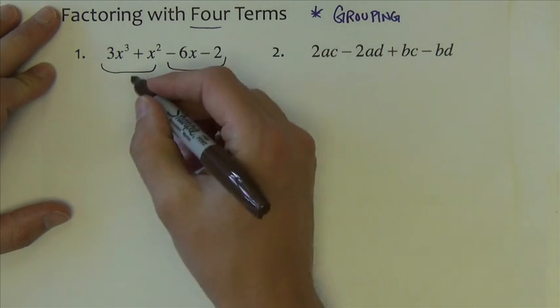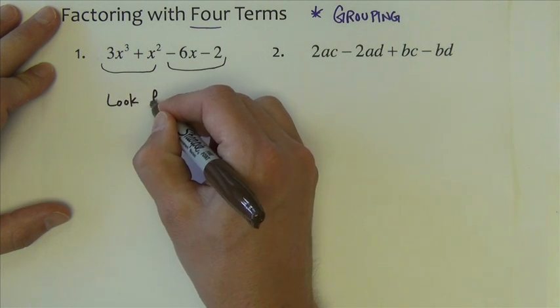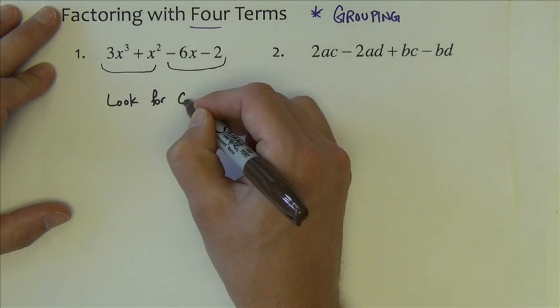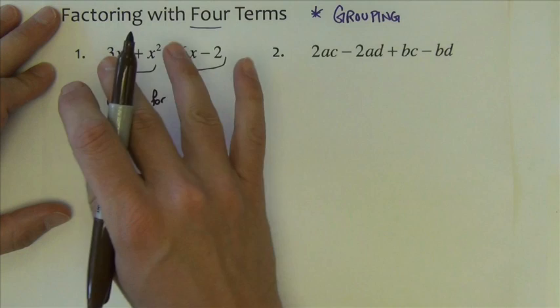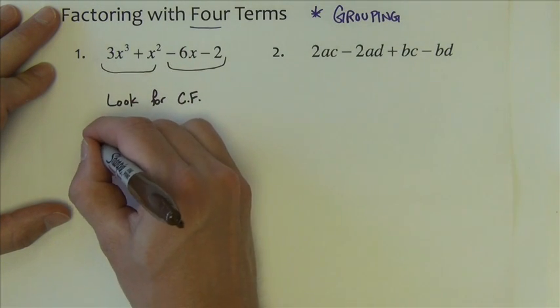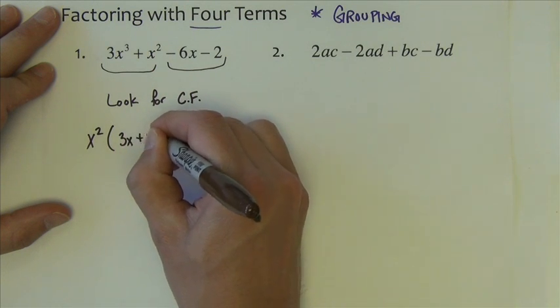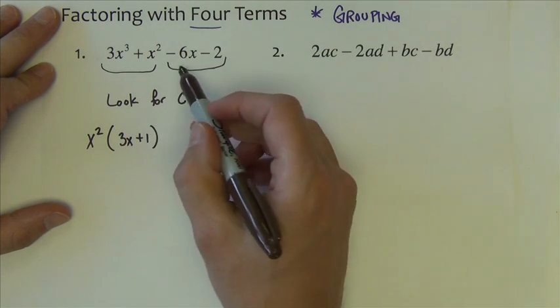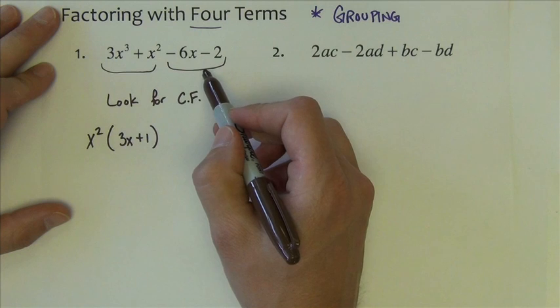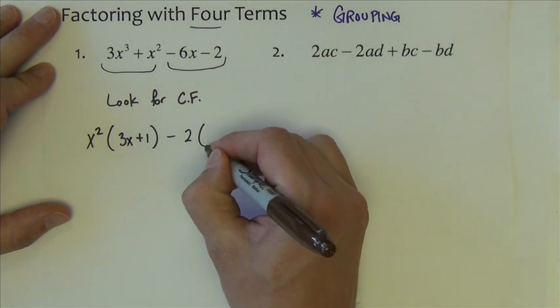What I'm going to do is look for common factors within the pairs. Within this pair, I can take out an x squared. It would leave me with 3x plus 1. Within this pair, I can take out a negative 2.